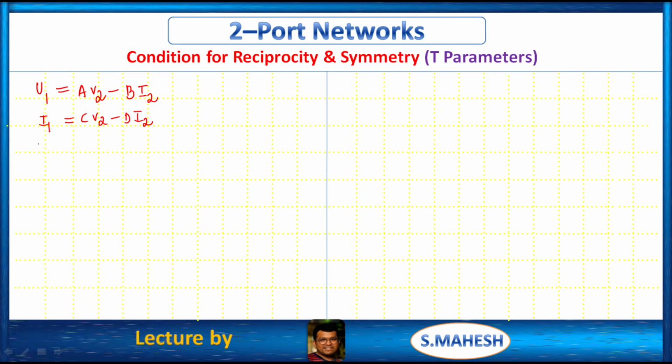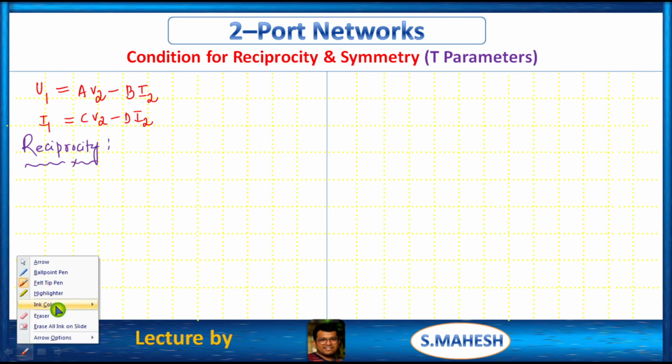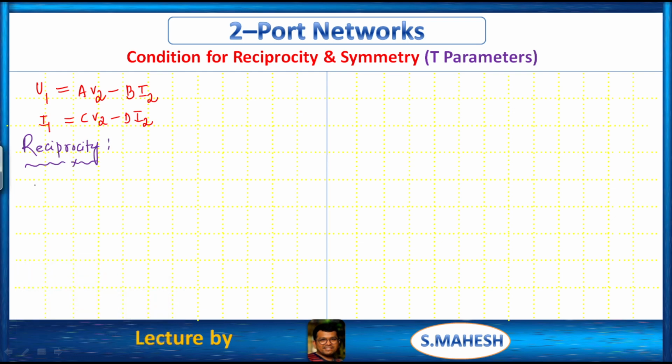First we would like to discuss the condition for reciprocity. For this, case 1, what is case 1? We all know that case 1 is always short circuit output port.